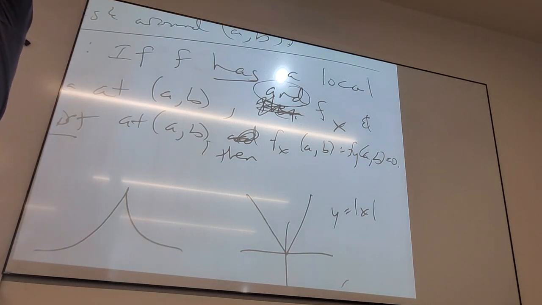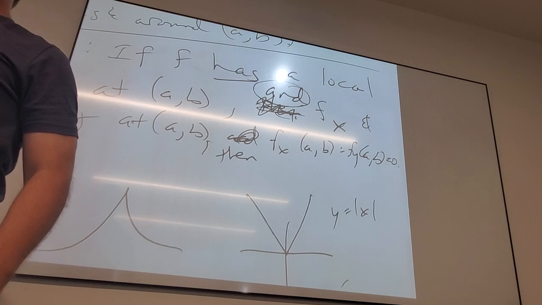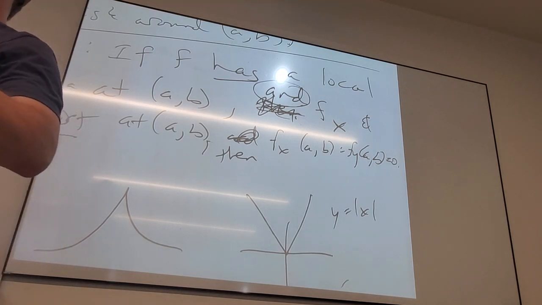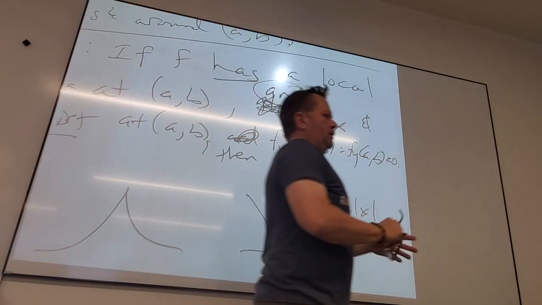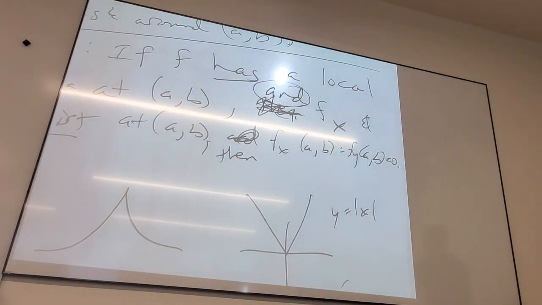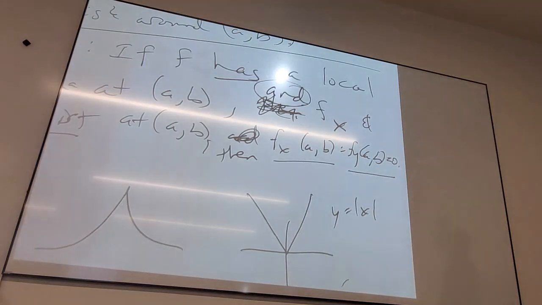And that would still be a local extrema, it's just that the partials wouldn't exist. So I can still find my critical points according to where f_x and f_y are both 0. And by the way, notice it says that they both have to be 0. Not just one of them, they both must be 0.